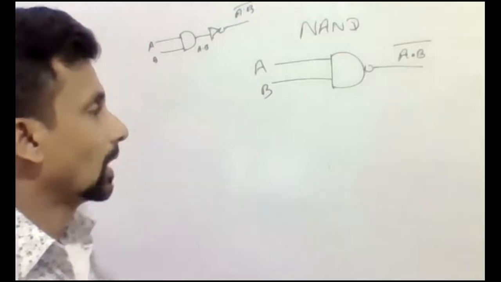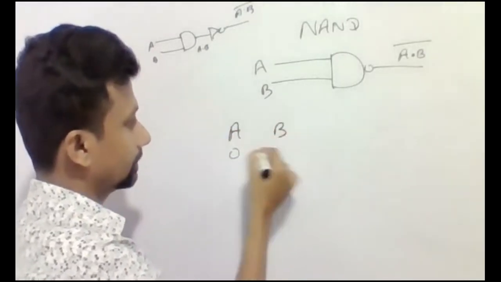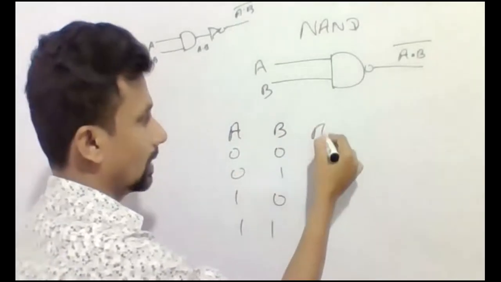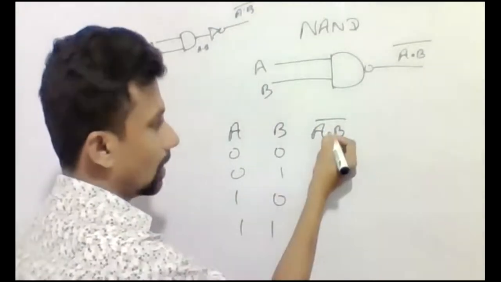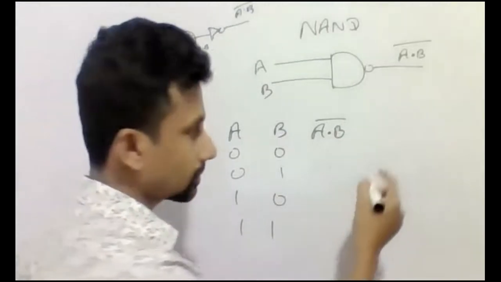Okay, so if you take the table, before I write the output, I'll show you how this gate practically works, right?